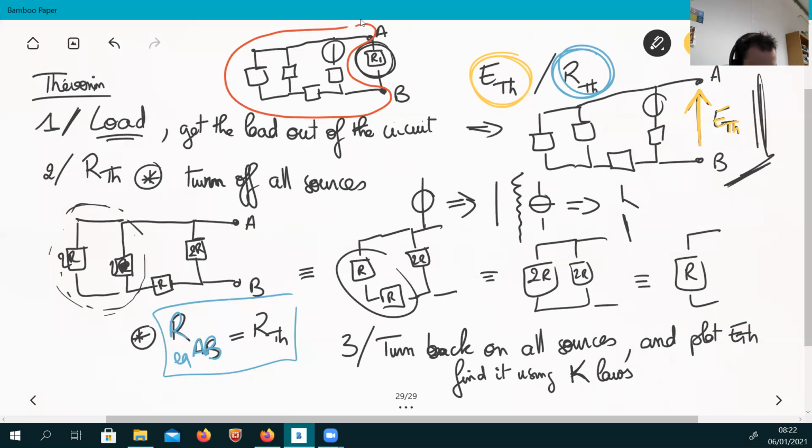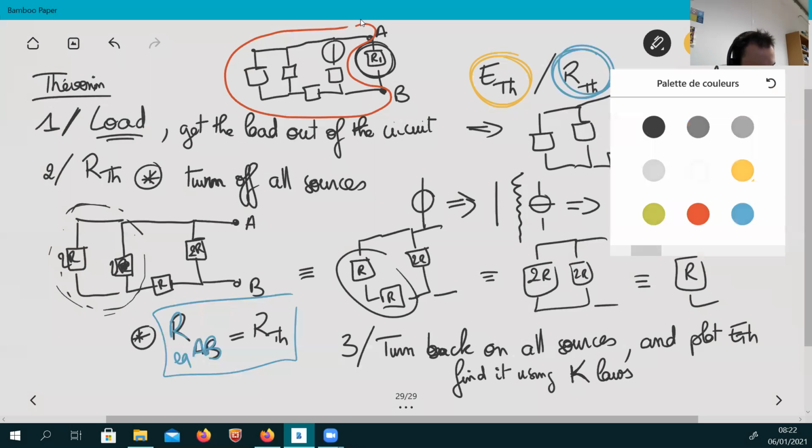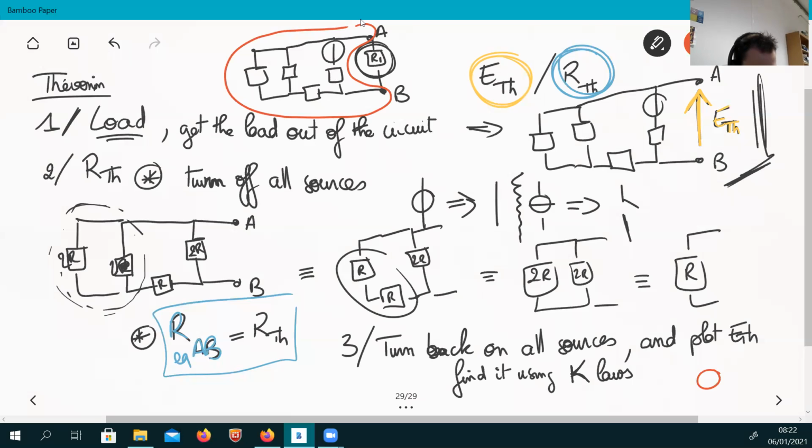It means that once you go back to your final solution, so A, B, this is your Thevenin model. ETH is in the same direction as the one you picked, okay? And this is RTH.